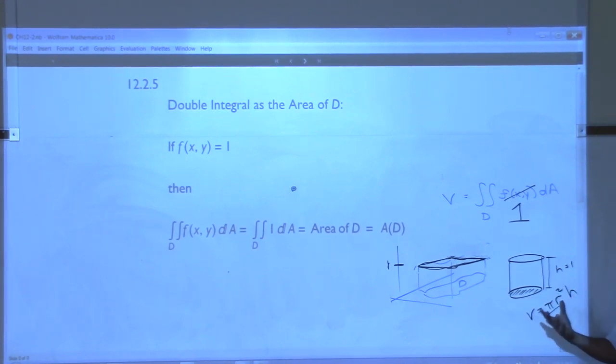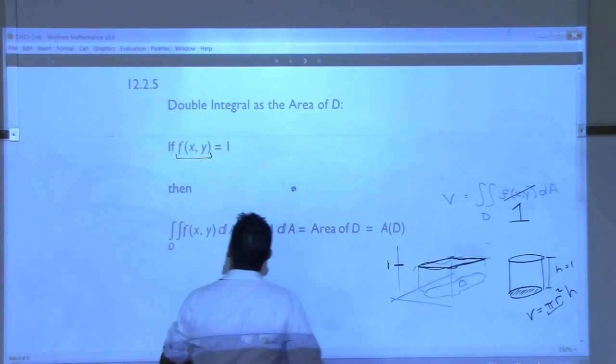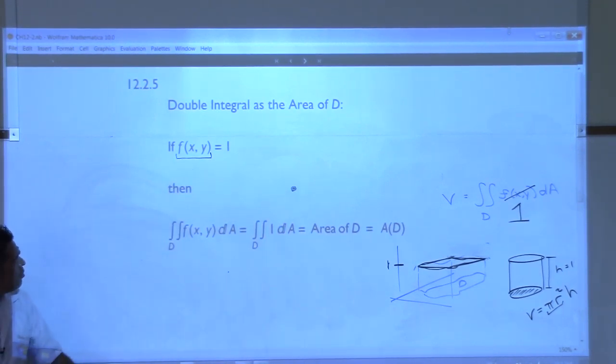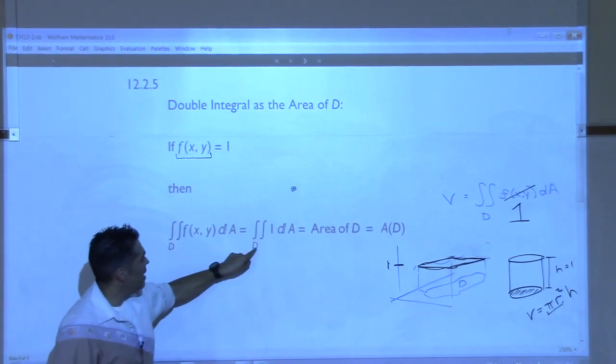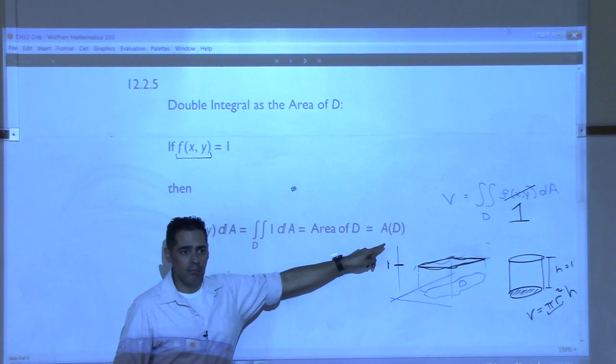Now, they have different meanings. Like volume is a cubic unit and area is a square unit, but the numerical value will be exactly the same. That's what this is saying right here. If you ever take the volume under the constant 1 function over some region D, then you're going to always get the area of D. That's what you're going to get.